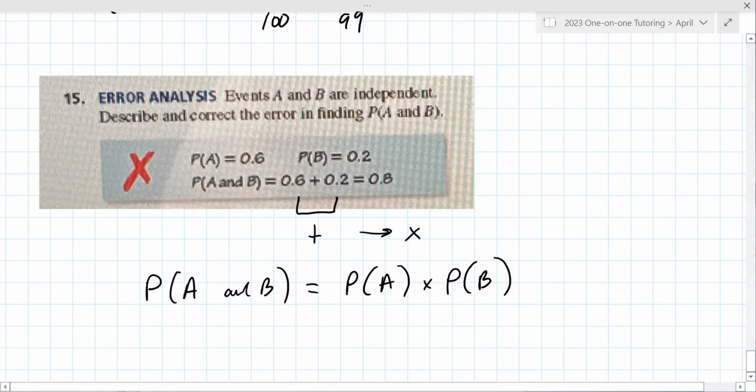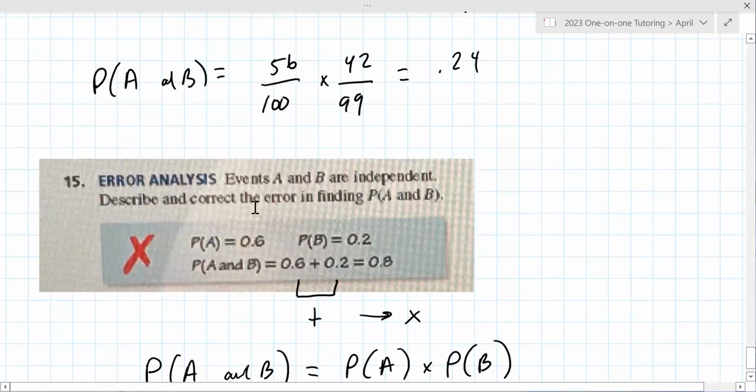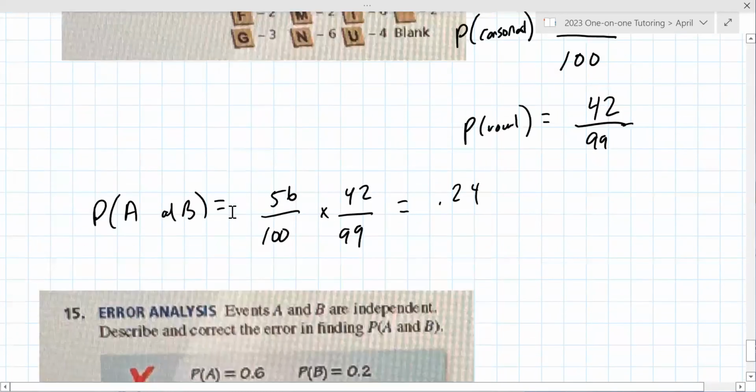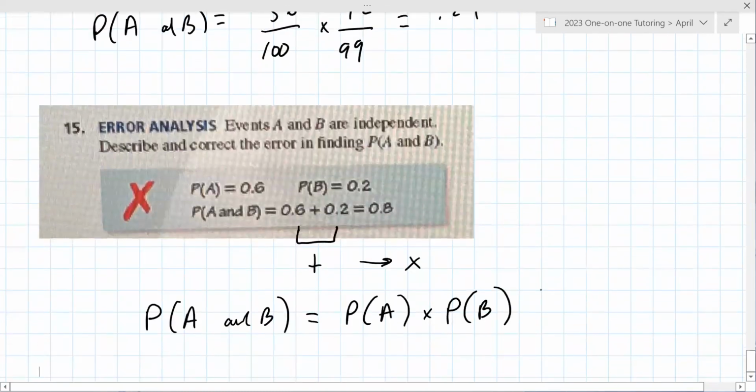And that will do it for that. All right, for 16 here. So for that last one, it should have just been 1.2 or which one? The vowel. 15, it should be 0.6 times 0.2. Yes. Okay.